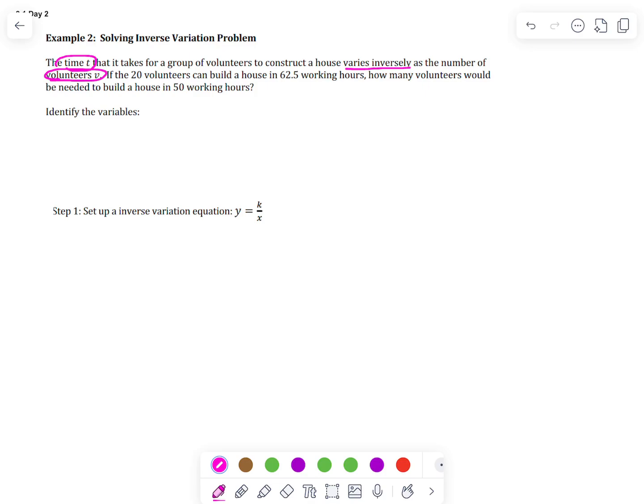So let's set up our variables. t equals our time in hours, and v equals the number of volunteers.